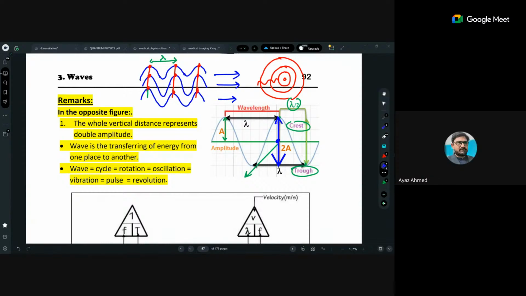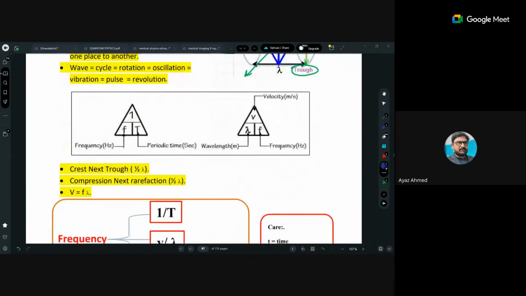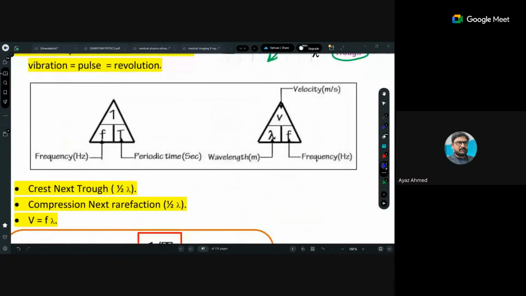Okay. So here is the wave equation, the relation between frequency, time period, wavelength and speed. As I told you, these are two triangles. This triangle relates frequency, which equals 1 upon time period.